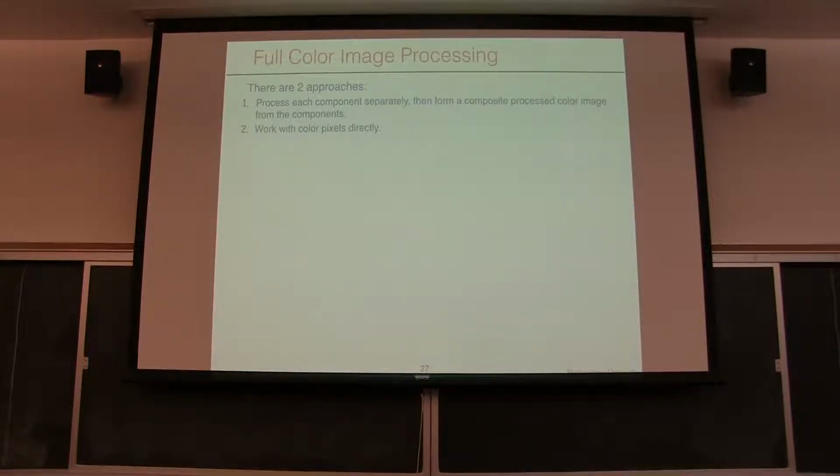Each pixel now becomes a vector of 3, and now I'm processing the 3 bands together. So those are basically the 2 ways you can do it: you do it by slice, or you do it by pixel.